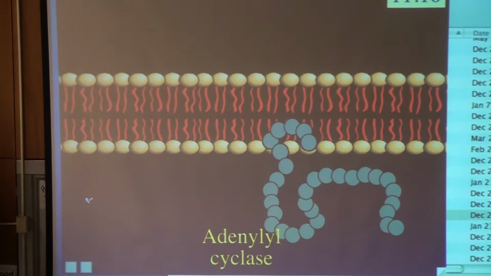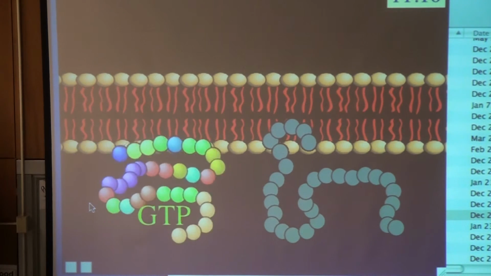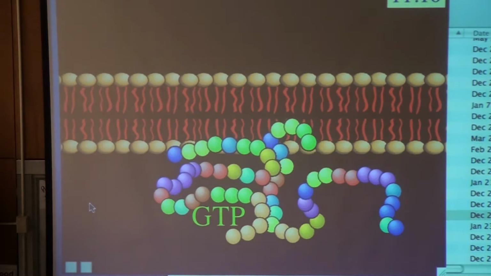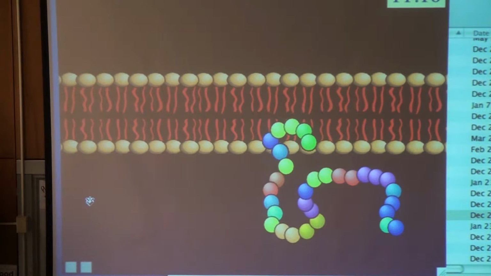Like all relay proteins, it's normally in its inactive state until it gets activated by relay protein number 1, which is the G protein. Here comes that activated G protein. The G protein activates the adenylyl cyclase protein, like so. And when the adenylyl cyclase protein is activated, it is an enzyme. It now becomes an active enzyme.